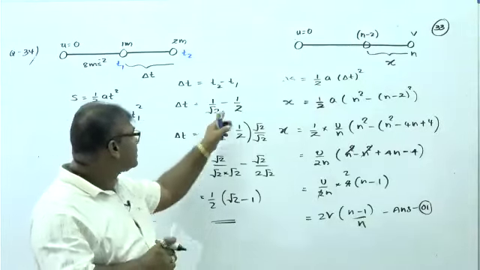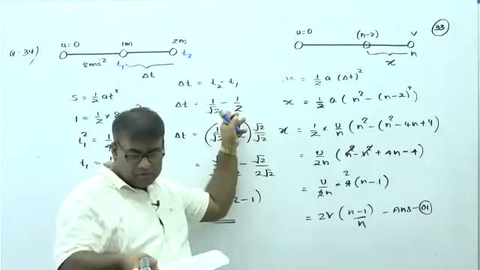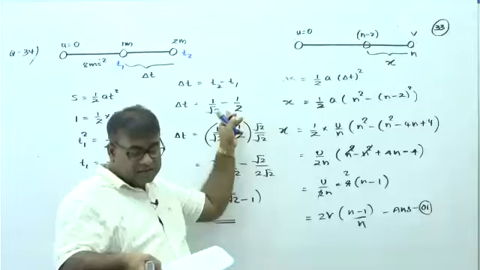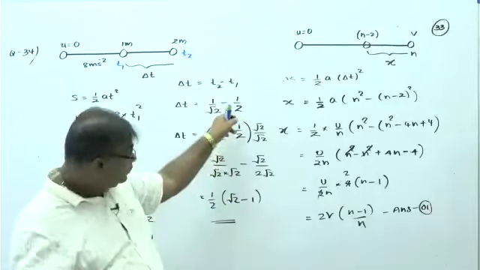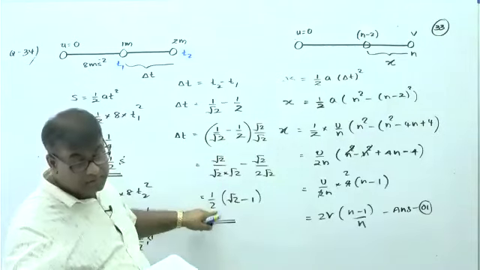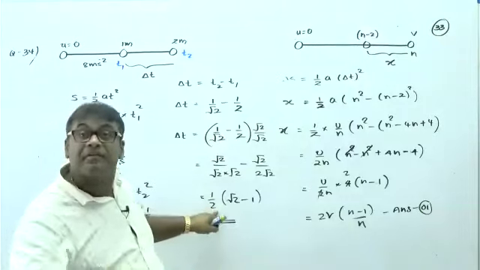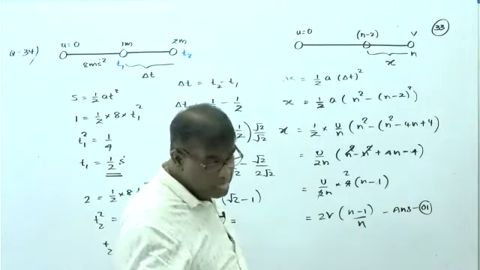This is the answer, but that kind of answer is not here, no? We don't see that kind of answer in question number 34. Then the answer would be this one, right? Yes, the second answer is the correct one. Okay, done.